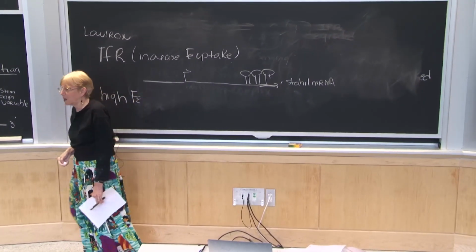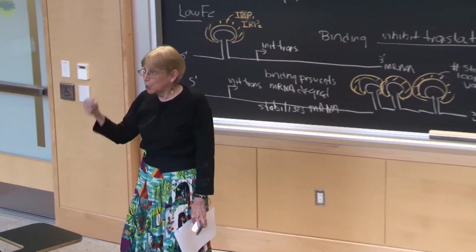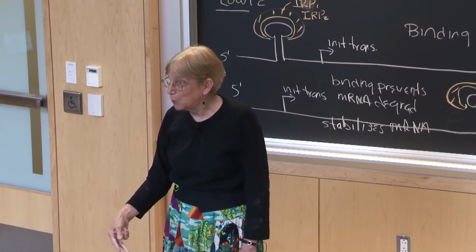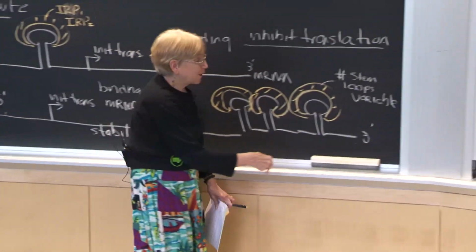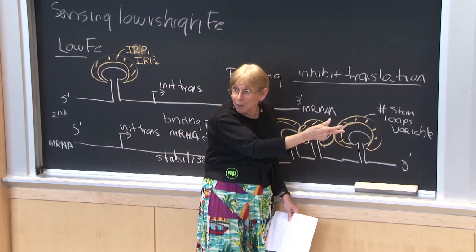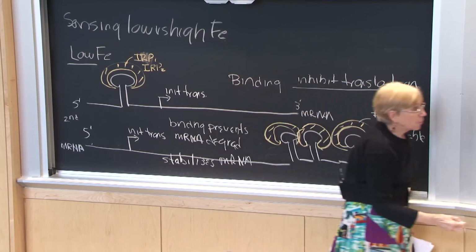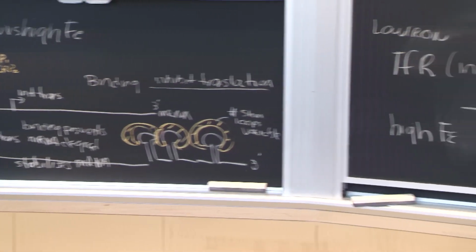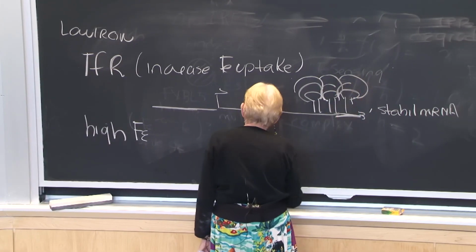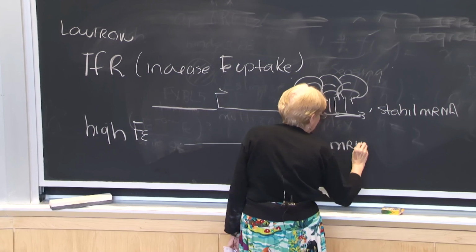Do you want to take more iron into the cell? No, you don't. So what you want to do is get rid of the transferrin receptor. So now what do? At high iron, if you're IRP1, you switch to pick up the iron-sulfur cluster. It no longer binds. And so now what happens? So this is all bound. So stabilized and bound. In this case now, messenger RNA is degraded.